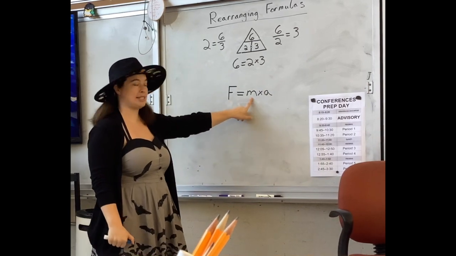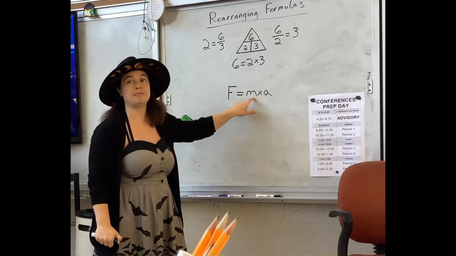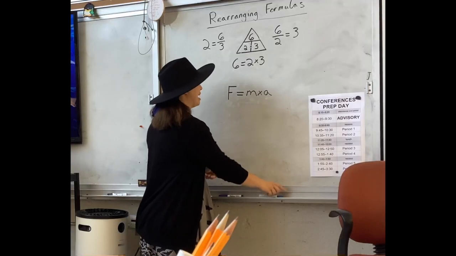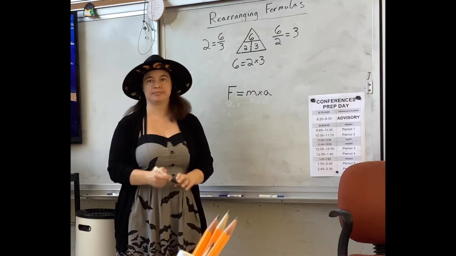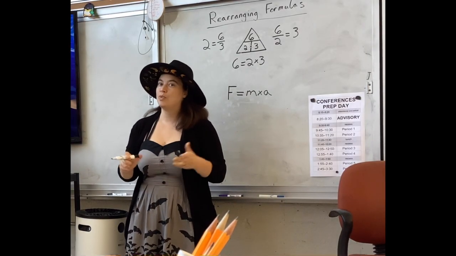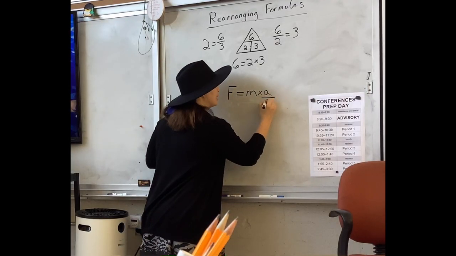I want to solve for mass, so that I could have a situation where I knew the force and I knew the acceleration, and then I'd be able to calculate the mass from that. Well, what I need to do is I need to get mass by itself. That means I need to get rid of this acceleration. What's anything divided by itself? 1. So I could divide by acceleration.